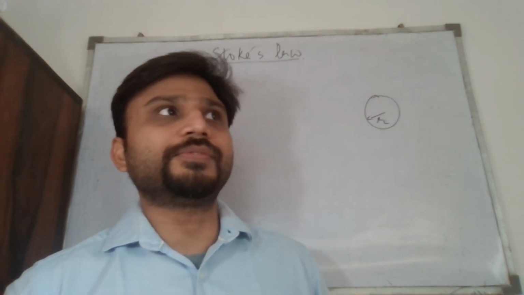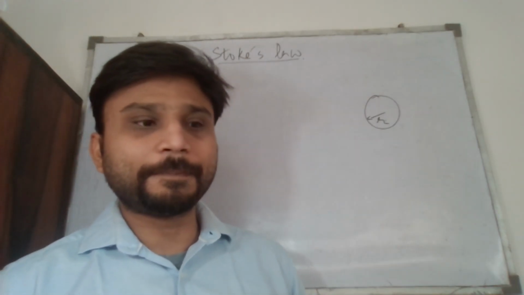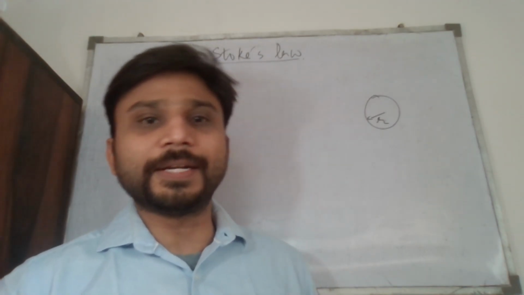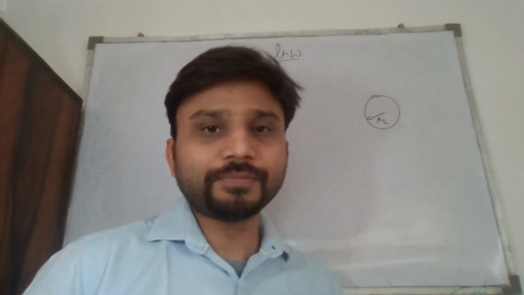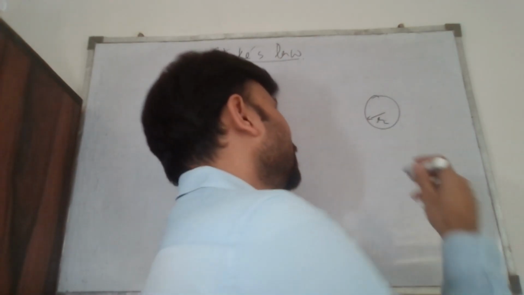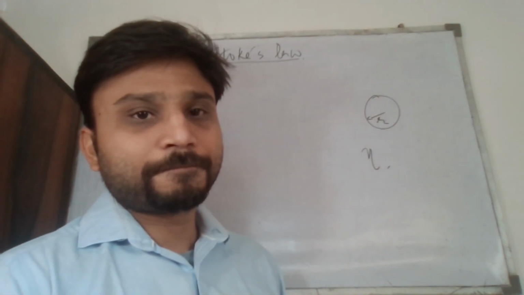Now, when a body is going through some liquid like this, what qualities of the liquid are pertinent in that scenario? For a liquid, we have just studied viscosity. So yes, viscosity is required. And what else?